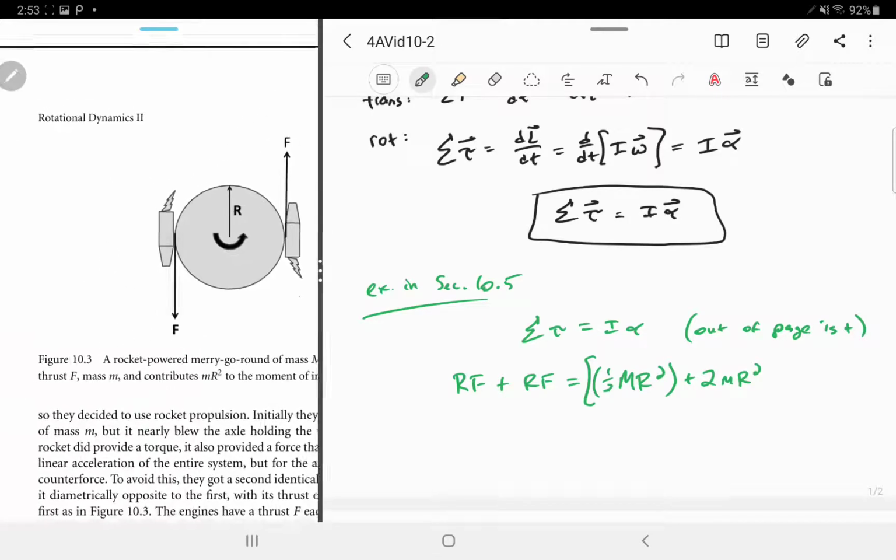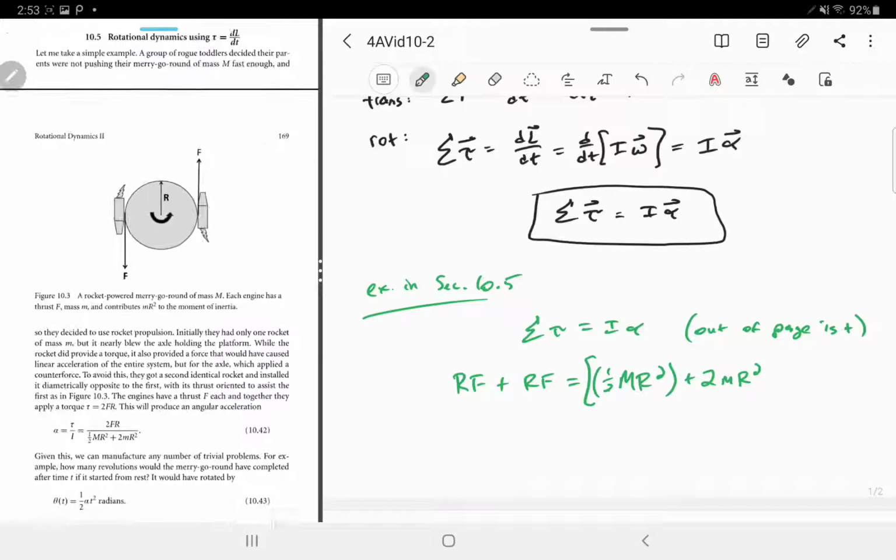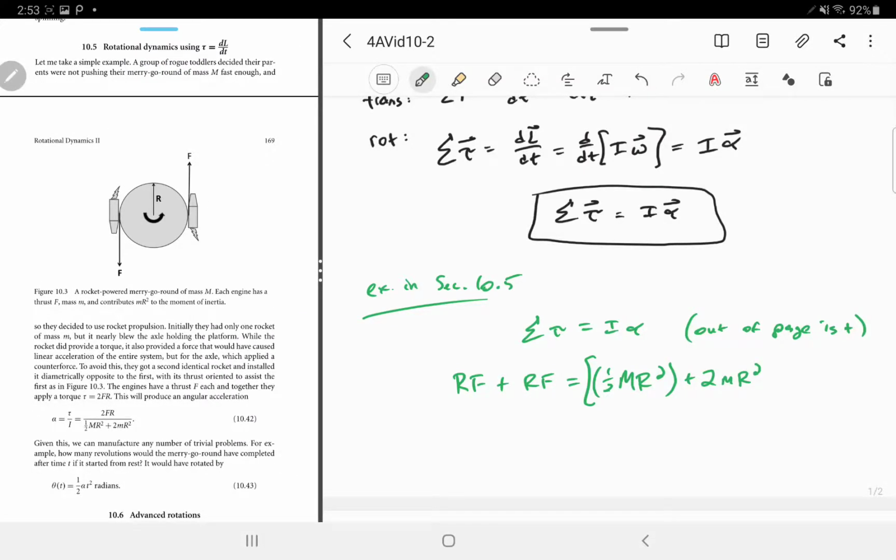So all the mass is at some radius r away from the axle. So the moment of inertia of each rocket is m r squared, and there's 2 of them. So this is the total for the whole system. And they're fixed onto the merry-go-round, so they rotate along with the merry-go-round, and they all have the same alpha for this system. So it looks like alpha is 2rF over 1/2 M r squared plus 2 m r squared.